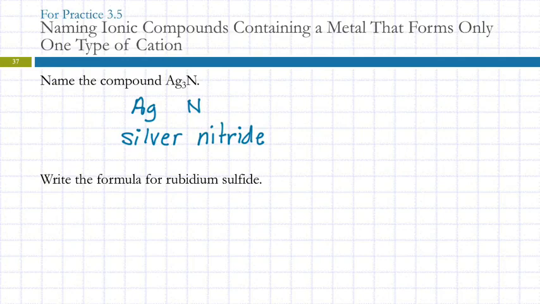Write the formula for rubidium sulfide. So this is the same process as write the formula for the compound formed between rubidium and sulfur. We write the 2 symbols for these ions. We look at the charges to figure out how to put them together. So the symbol for rubidium is Rb, and we find it on the periodic table.